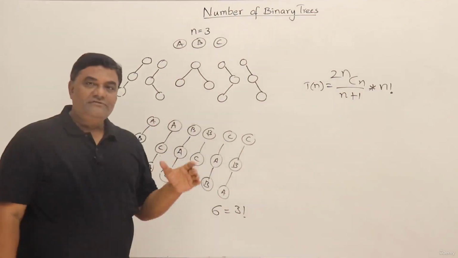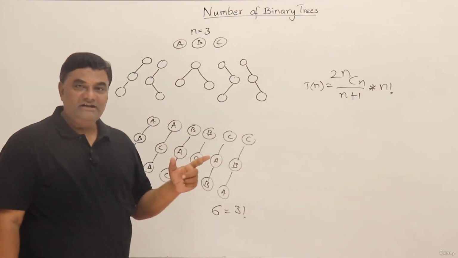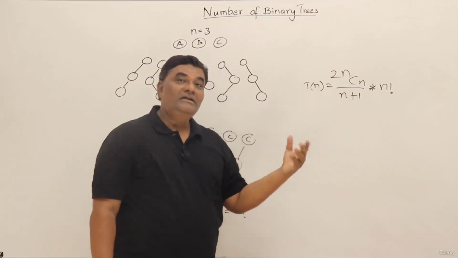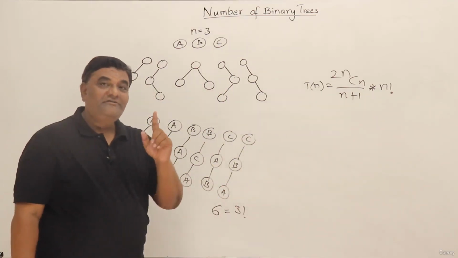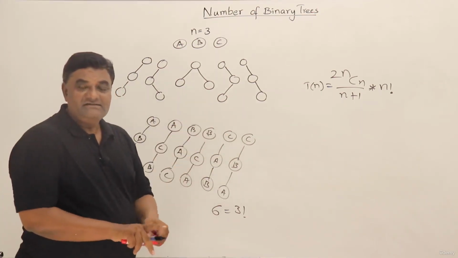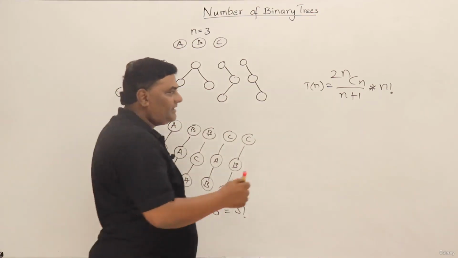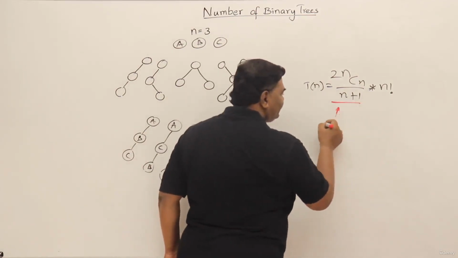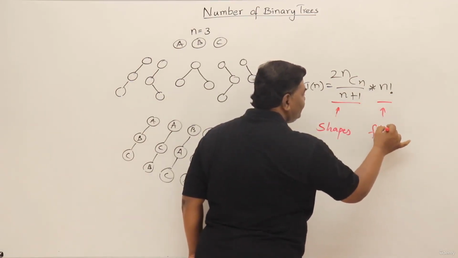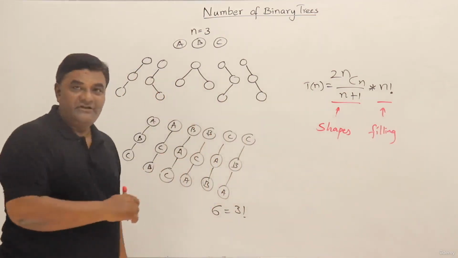So for labeled nodes, the formula is 2n Cn by n plus 1 into n factorial, because of the filling of labels. If you look at this formula and separate it into 2 parts, the first part is for shapes and the second part is for filling, the permutation, in how many ways nodes can be filled.